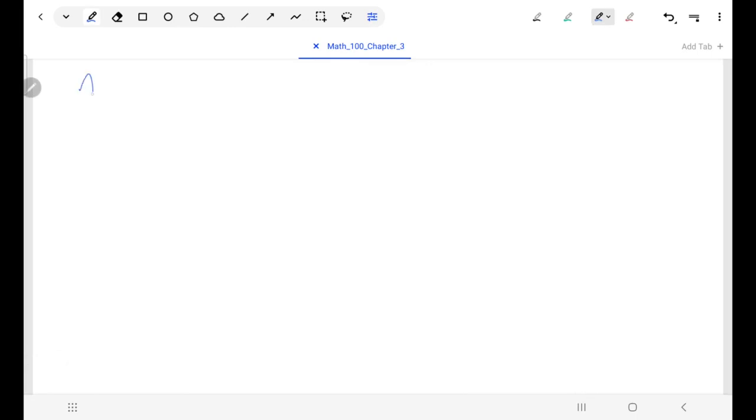So we can say that the area is 1/2 A plus B times H. We said that A was 10, B was 10 plus 20 cos theta, and H was 10 sine theta.